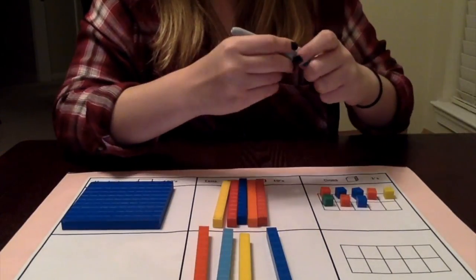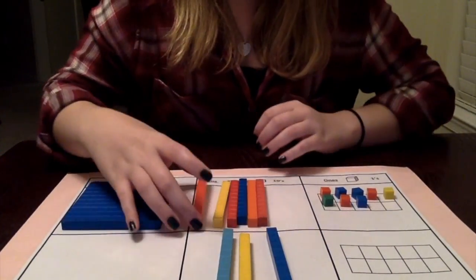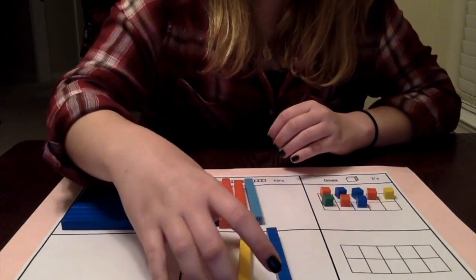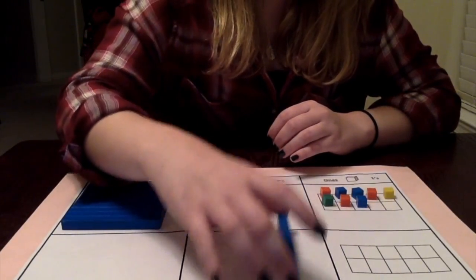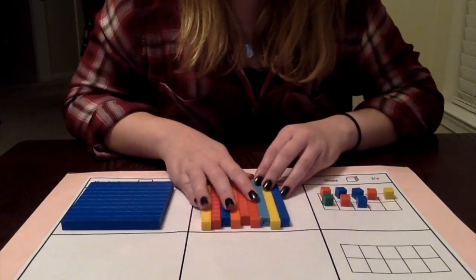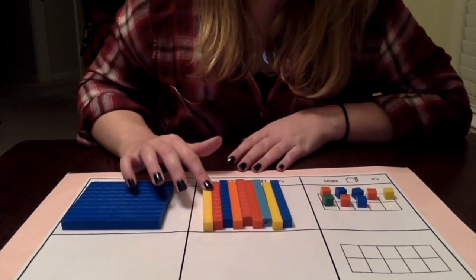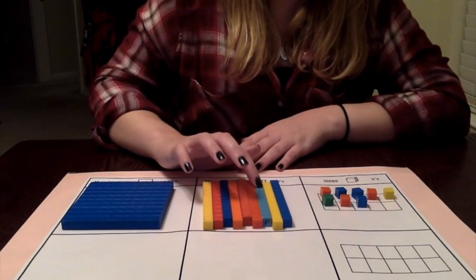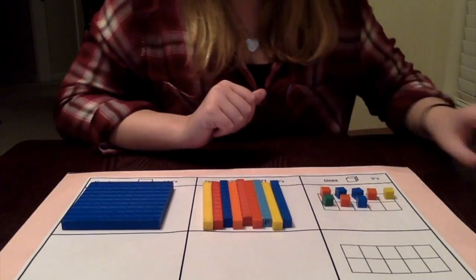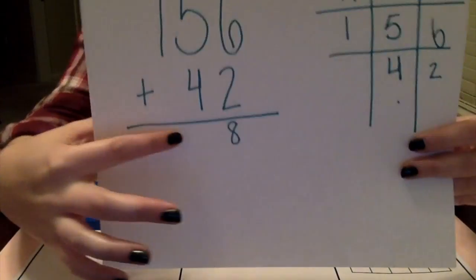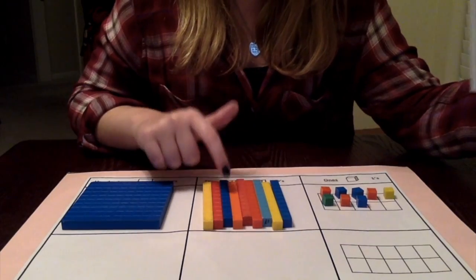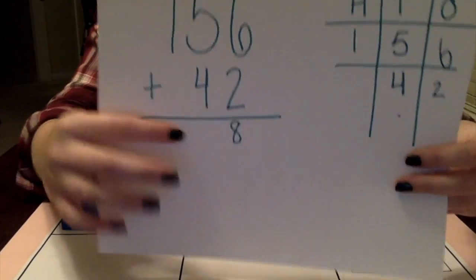And now I'm going to add my tens. So 10, 20, 30, 40. So I just added 40 to my tens, and I now have 10, 20, 30, 40, 50, 60, 70, 80, 90. So I will add a 9 because that's how many I have, which is the value of 90, onto my problem.